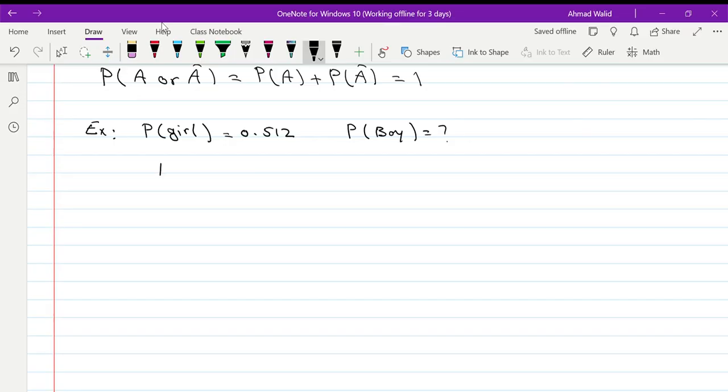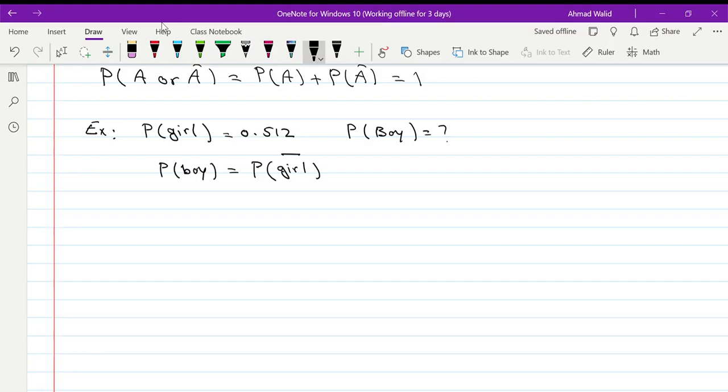Easily, here you can use the complementary formula, correct? P of a boy, the probability of having a boy, is actually, can I write it this way? It's equal to the probability of having a girl with a bar on the top, the complement of a girl. Correct?